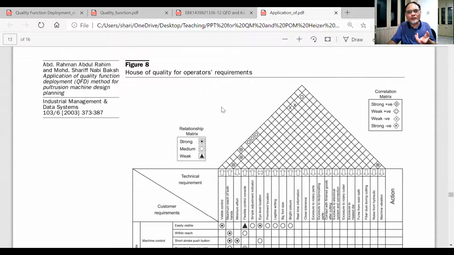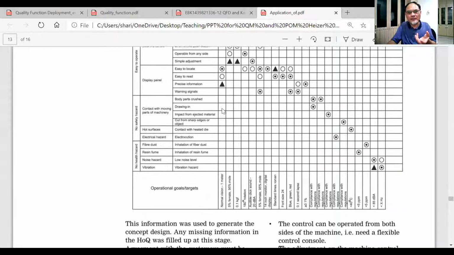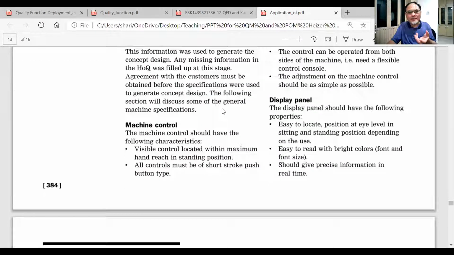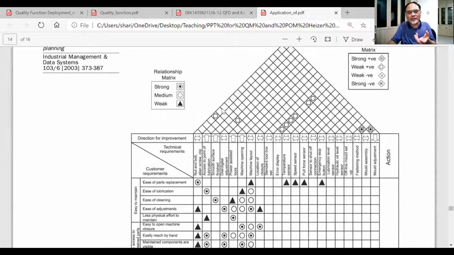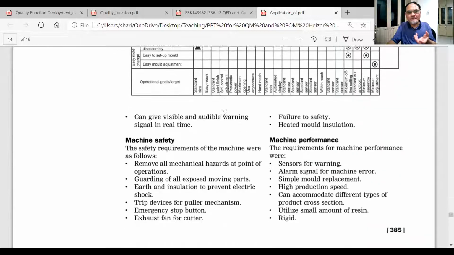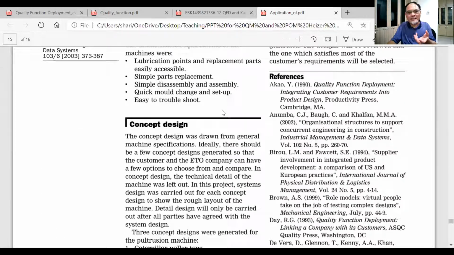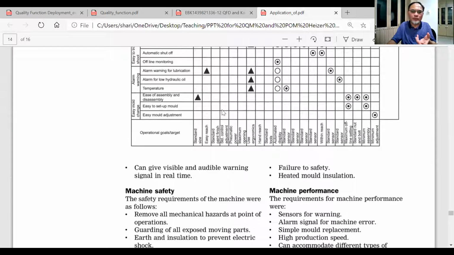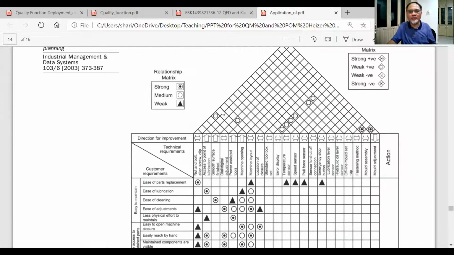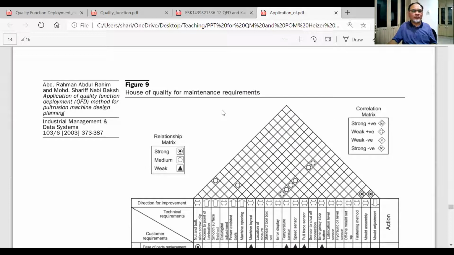So this is the house of quality for operators requirements. Okay, and for maintenance requirements, right? So these are, no, it is very powerful. It's very powerful, and it's not really very difficult. It sounds difficult. Okay, it sounds difficult, but it is not difficult.